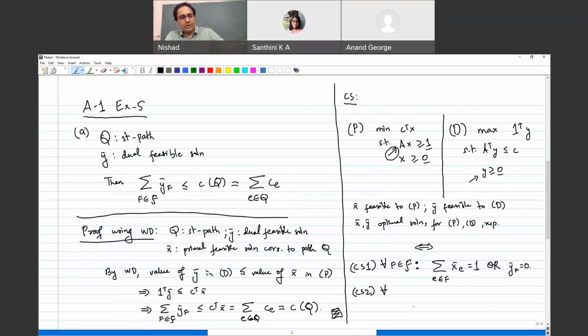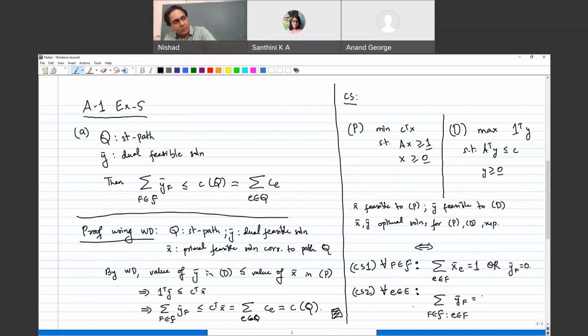And what about the second CS condition? If you look at any edge of the graph, and you look at all the cuts containing that edge, so take all the cuts containing that particular edge, and you sum up their y bars.